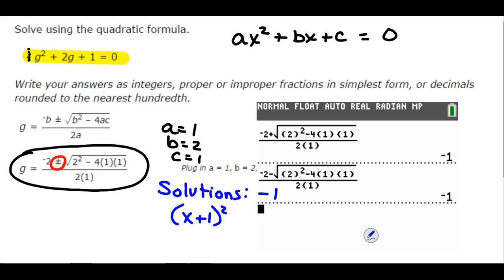If we only have one unique solution, then our factors look like this nice little x plus 1 squared. It starts off looking like x plus 1 times x plus 1, because there are always two solutions to a quadratic equation, but when both binomials are exactly the same, that becomes that one binomial squared.